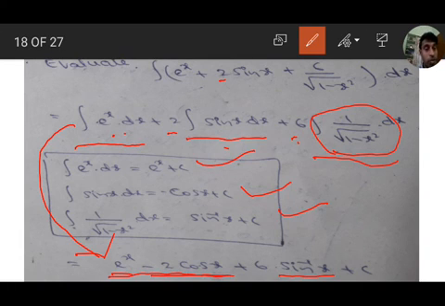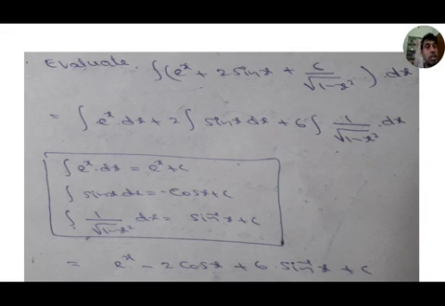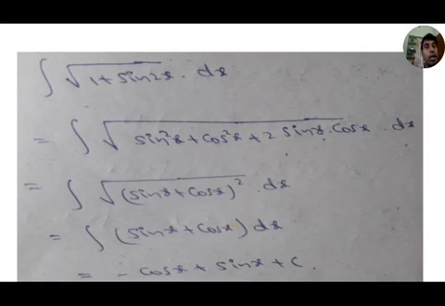Therefore e to the power of x minus 2 into cos x plus 6 into sin inverse x plus c is the answer. Next, go to the next problem. Formulas and properties are very important.